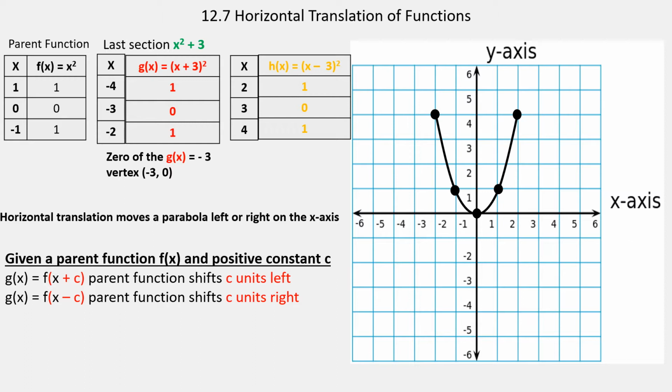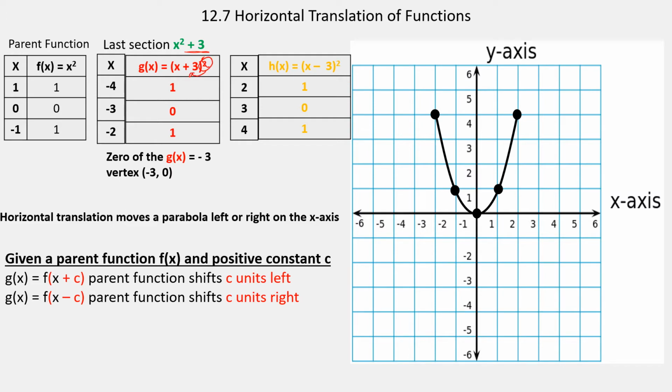Well, hopefully you're noticing that they are adding 3 to both, but the addition of 3 is included with the x, and it's being squared. It's included in the square on that red function of g of x, whereas simply here, this is just adding 3 to the function. This is including the square.